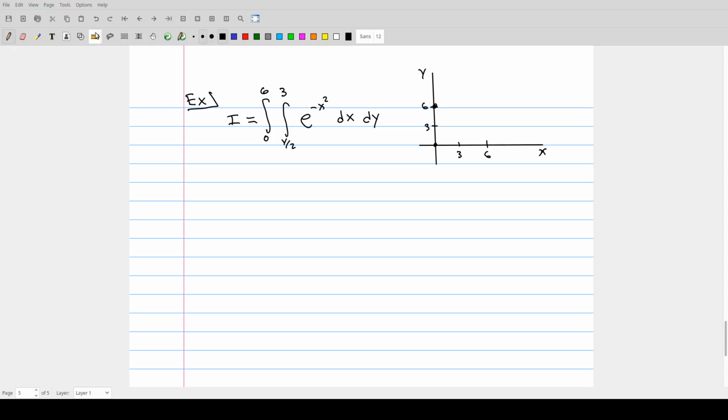So our region, we know then, is going to be, if our upper bound is the constant x equals 3, we're going to have this right here. And then if the lower bound is the curve x equals y over 2, that's the line of slope 2 going up to that point right there, the point 3, 6.